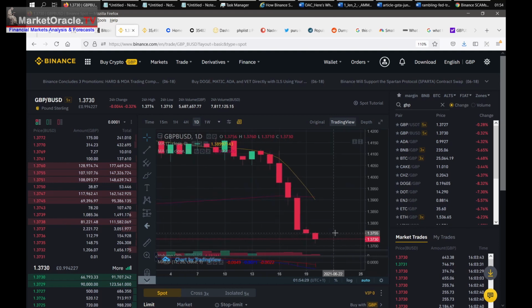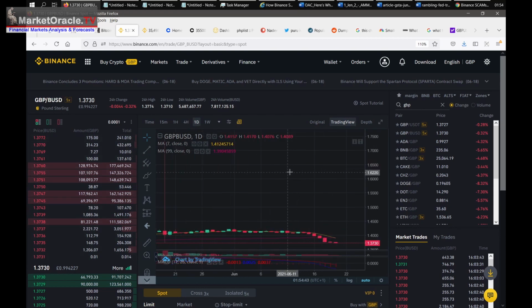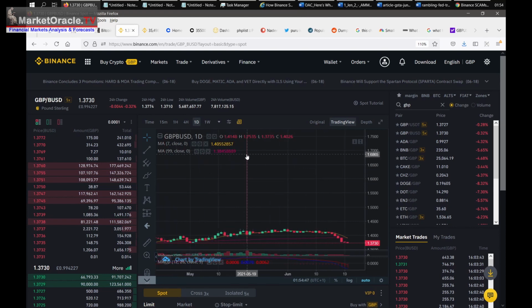Oh, that sterling, it's falling. What are these spikes? These are to get people stopped out. Because look, that's what this is. You have to be aware of this leverage. What it means is they can manipulate the price short term by changing the leverage.